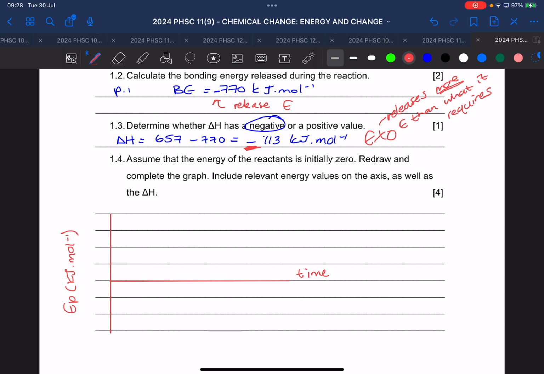Okay, where are we with our questions? Khali, back to you. Please show me with your hands, what does the shape for an exothermic reaction look like? How does it go?